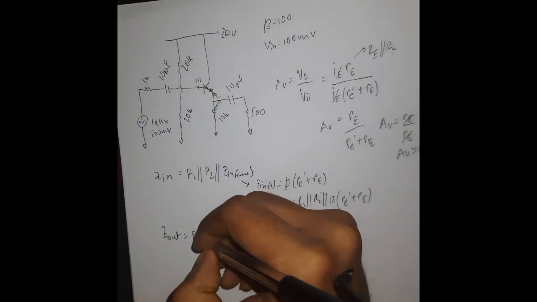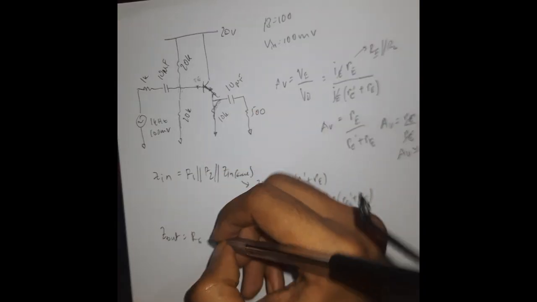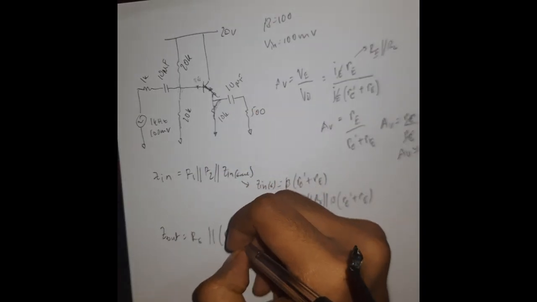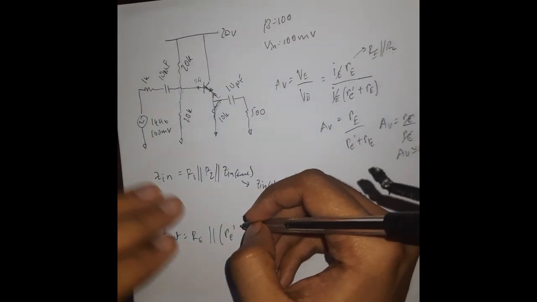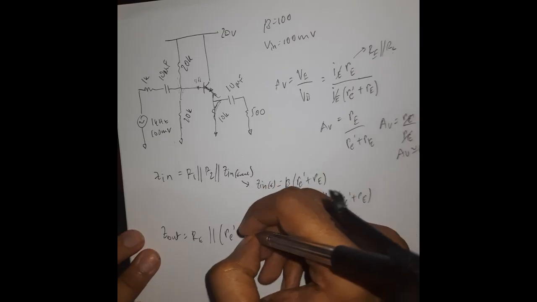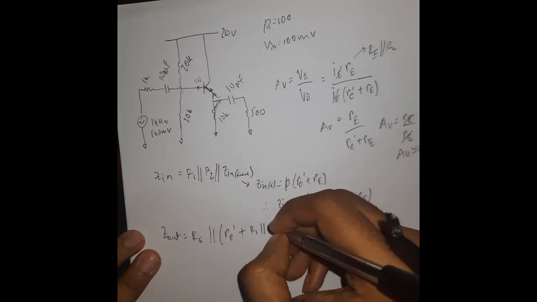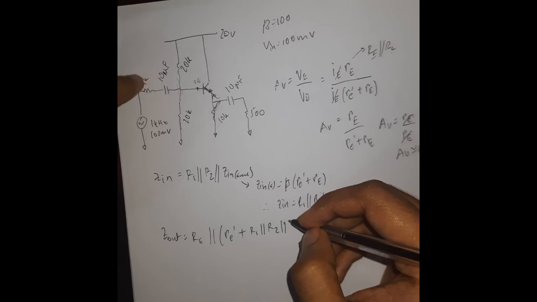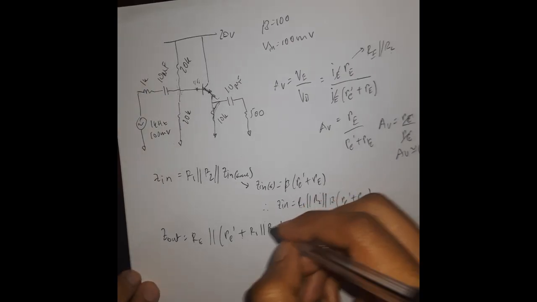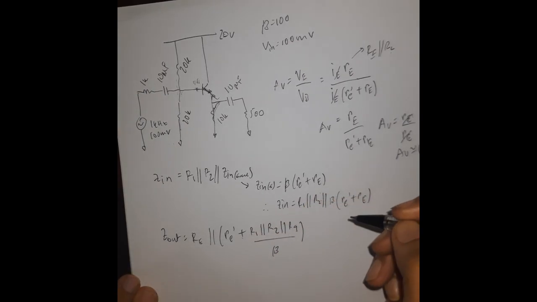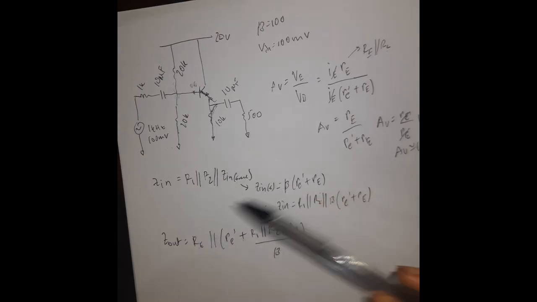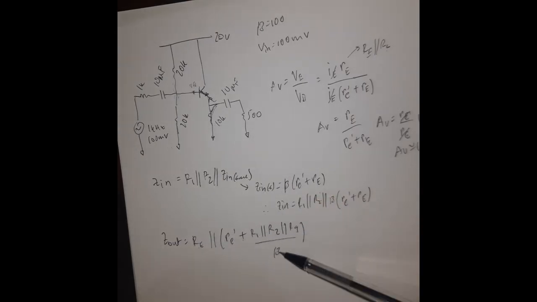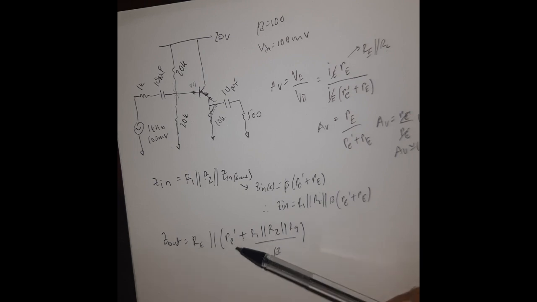Therefore we can say that RE parallel to re' plus, on this region, we will divide by beta, so beta will be in the denominator, R1 parallel R2 parallel Rg divided by beta. RE is provided, R1 is provided, R2 is provided, Rg is provided, same with beta. We have to find re'.